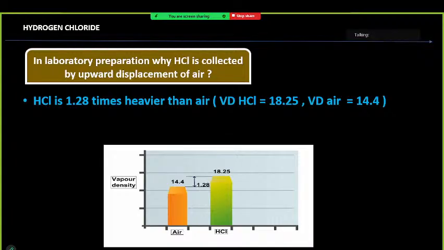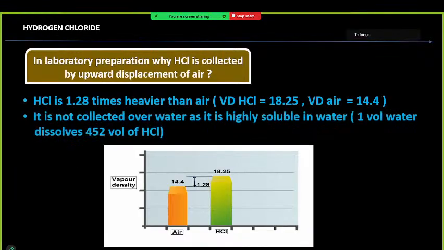HCl cannot be collected over water, because 1 volume of water dissolves 452 volumes of HCl, so it is highly soluble in water.